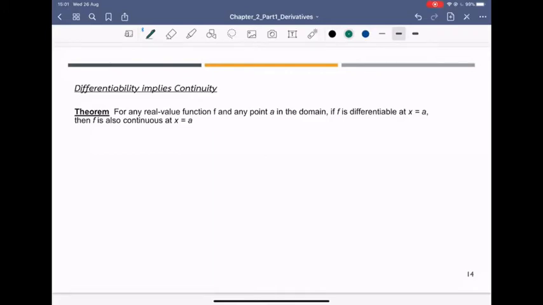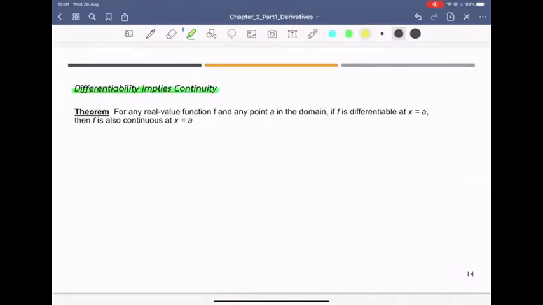Okay, so on slide 14 here, I am going to talk about the relationship between differentiability and continuity. One thing that you should know is that differentiability implies continuity.